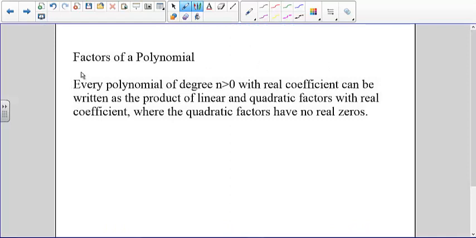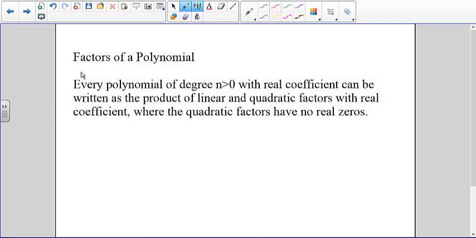Okay, what does this say? Factors of polynomial. Every polynomial of degree greater than 0 with real coefficients can be written as the product of linear and quadratic factors with real coefficients. So if you're limiting yourself to real factors, then you're going to end up with linear or quadratic factors.